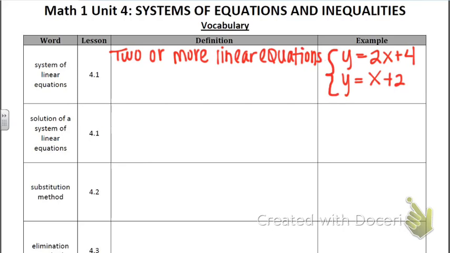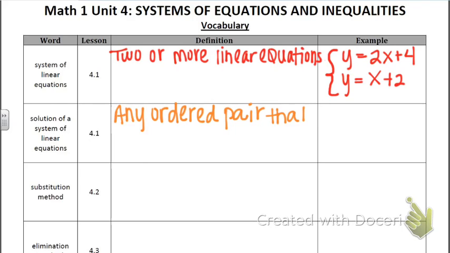So with a system, the solution is any ordered pair that makes all of the equations in the system true at the same time.